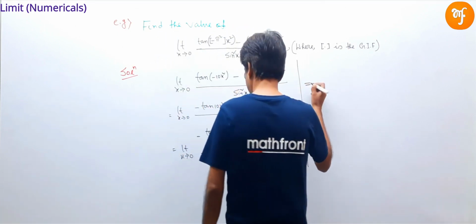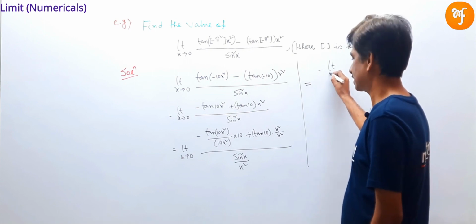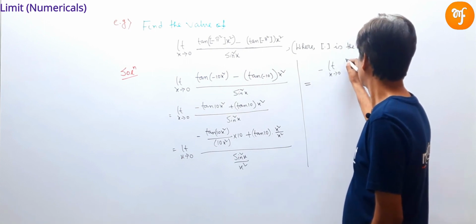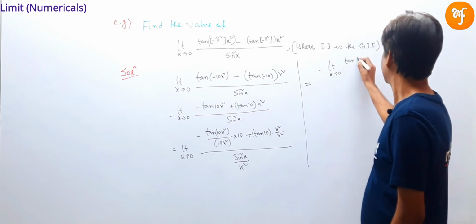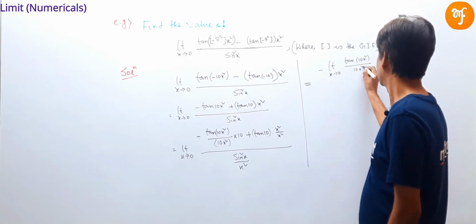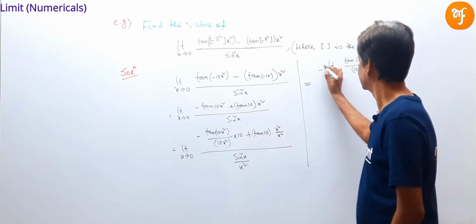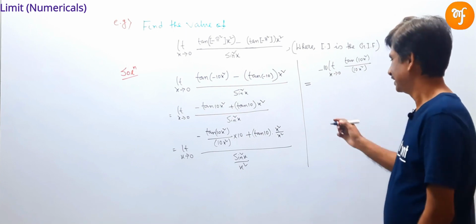this is equal to minus limit x tends to 0 of tan of 10x square divided by 10x square, and as 10 is constant, so we can put it outside. Okay, clear?